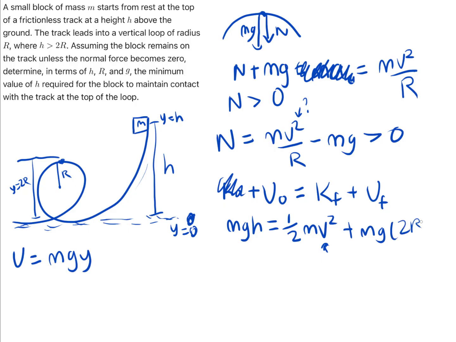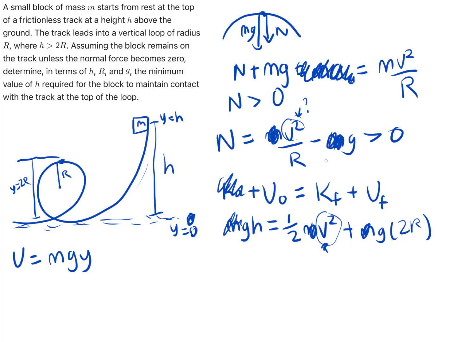So mg2r. So now maybe we can solve for v squared and then use that to substitute into this equation here to find our constraint for what h must be, since we can solve for v squared in terms of h and all of the other constants that we were told to express our answer in. So let's start by canceling out all of the masses. And I could have done this in the upper equation as well.